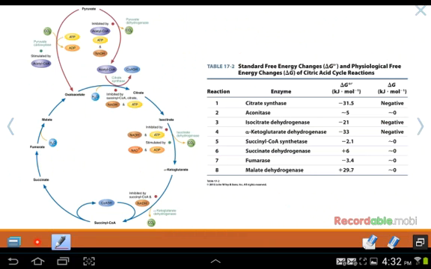Now, we mentioned some of the regulation factors for the citric acid cycle when we were talking about each step individually. But here's a nice diagram of some of the enzymes that are stop points, indicated by these red dots, as well as activation points. Okay, so if you remember, pyruvate dehydrogenase has to first be phosphorylated before it becomes activated.